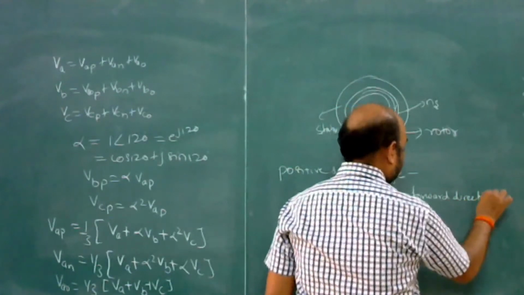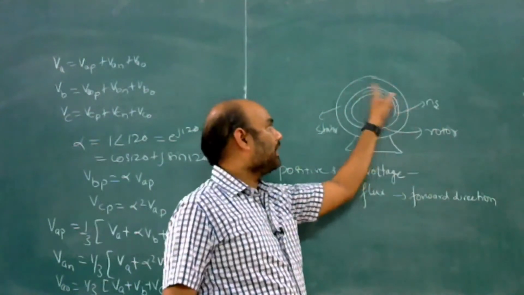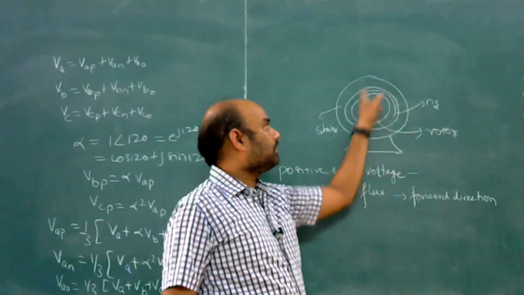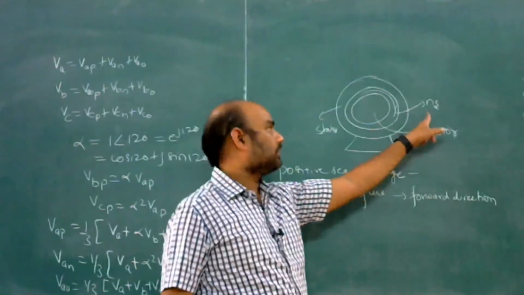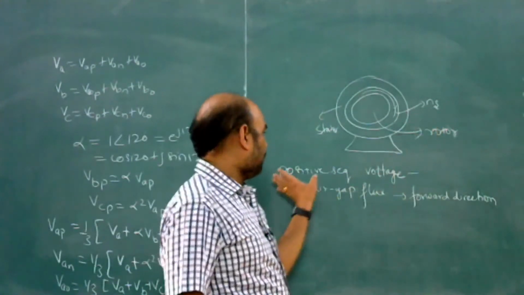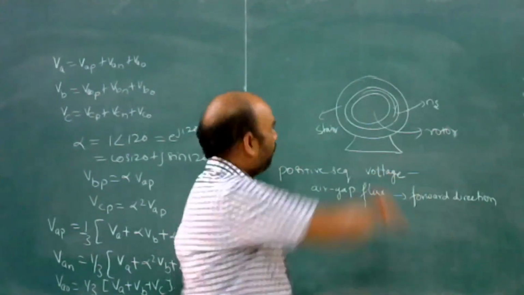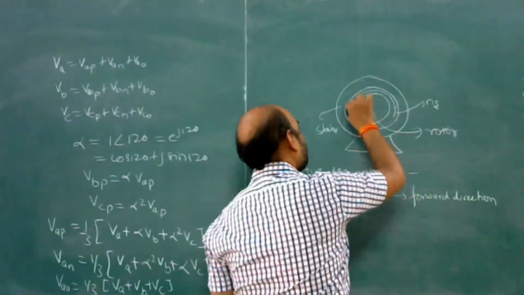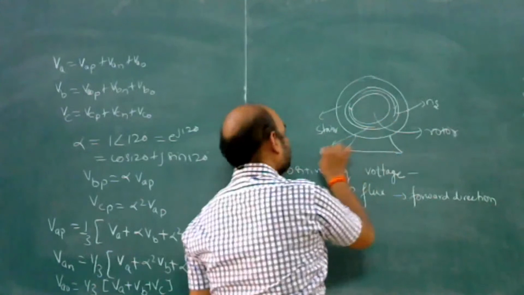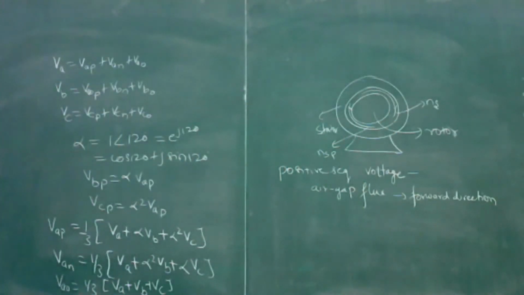So by forward direction we mean that the air gap magnetic field is moving in the clockwise direction with respect to the rotor. Okay. So the field produced due to this positive sequence voltage will also rotate in the same direction, that is NS. Okay. So this will rotate in the same direction.